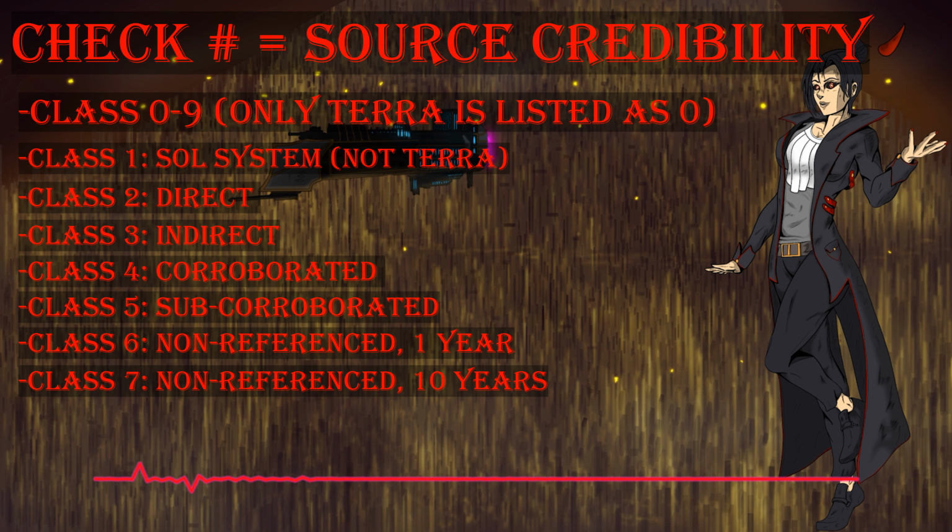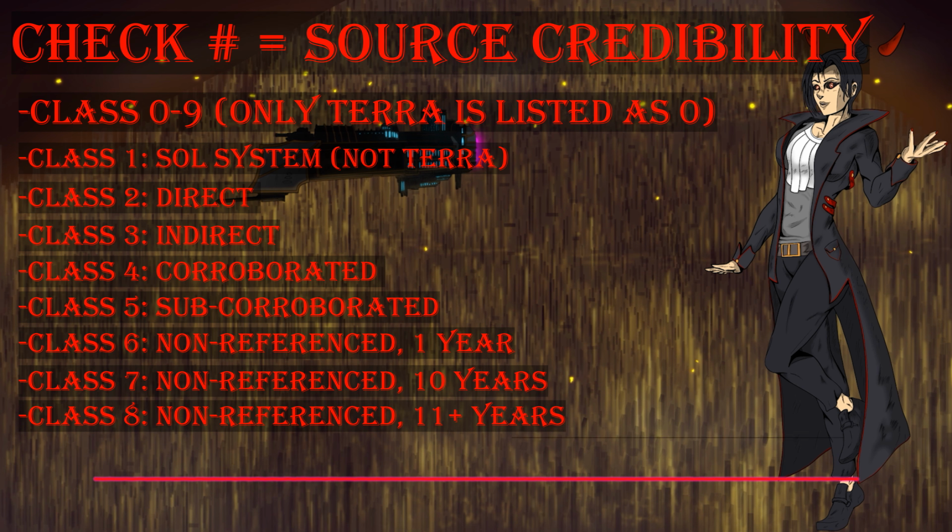Class 7 is non-referenced 10 years. It is the same as a class 6, but with a greater time span to allow for a larger discrepancy. Class 8 is the most egregious, non-referenced 11 plus years. So it is the same as 6 and 7, but it can be 11 years or more, like a century or a millennium.